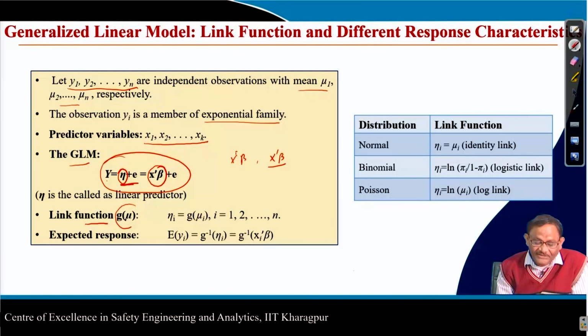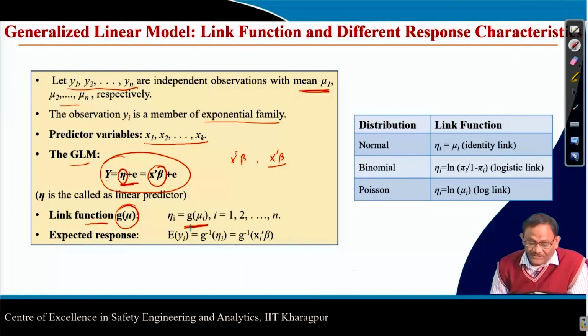Now we are saying g of mu, where mu is the mean value, the expected value. Eta i is g of mu i: for the ith observation, the systematic component is a function of the mean of that particular observation.